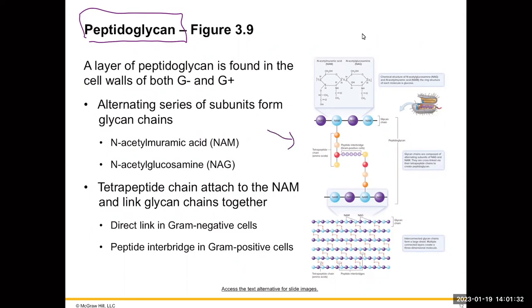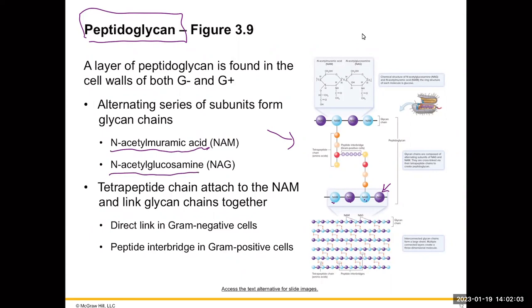It's glycan chains put together, basically chains of sugars, these purple and blue things: N-acetylmuramic acid and N-acetylglucosamine.